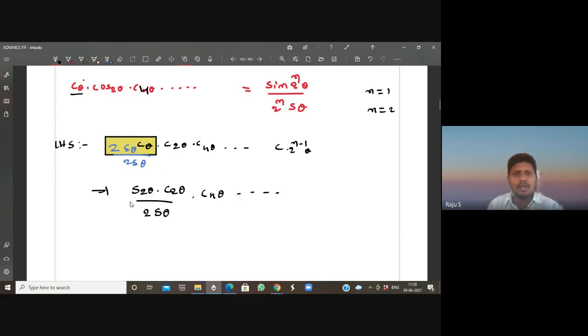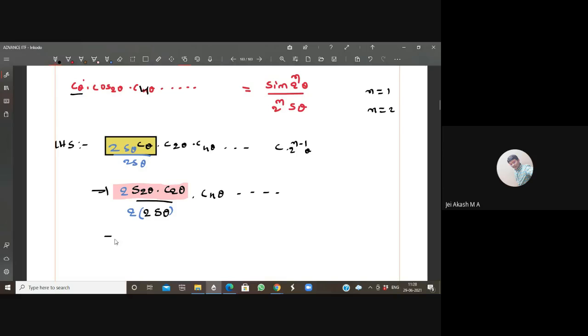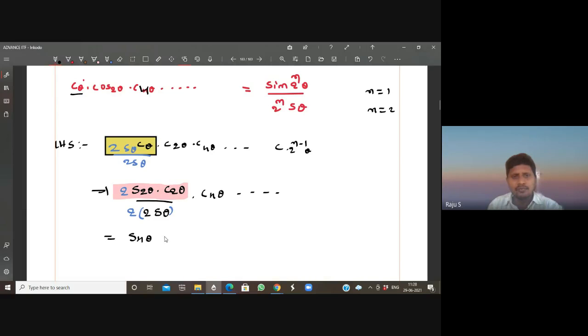Now I want to again multiply and divide with 2 all over here. It is in the form of again 2 sine theta cos theta, so sine 4 theta, here cos 4 theta will be there, by 4 sine theta. So on.